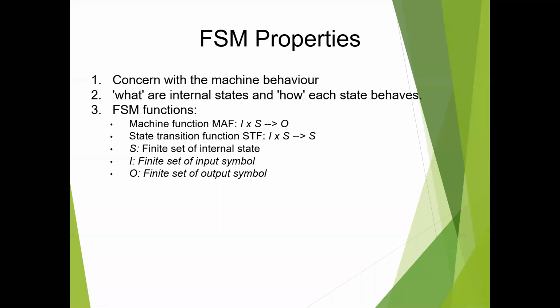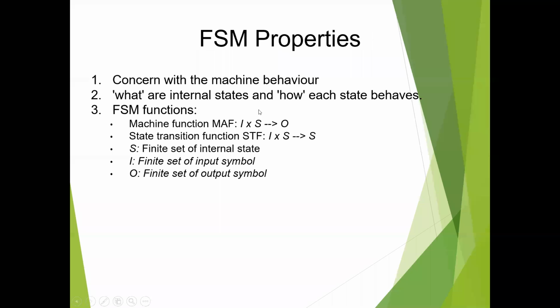So this STF will basically decide the flow of the program, and MAF will tell that after getting the particular input to the function, what will be the output. And S is nothing but the finite set of internal states.